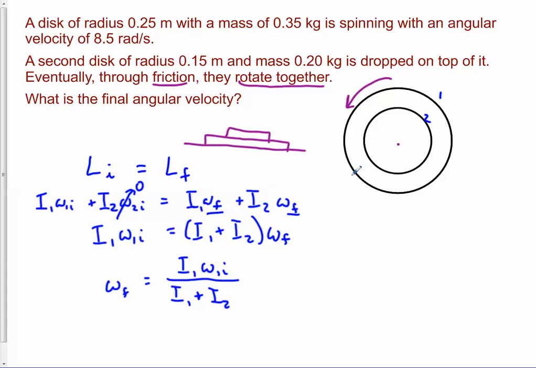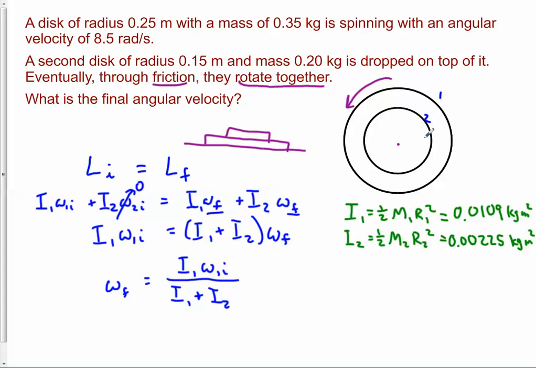We're talking about solid disks, so 1/2 mr squared is the operating formula for that situation. So let me just get that down on the screen real quick. You just plug in the m's and the r's for these disks, and those are the numbers you'll get. All right, and so now we can complete this calculation.